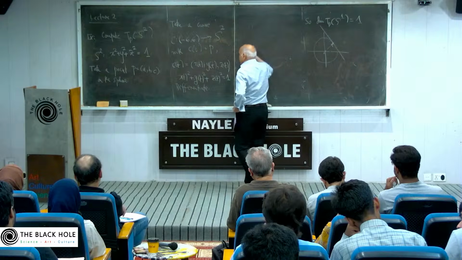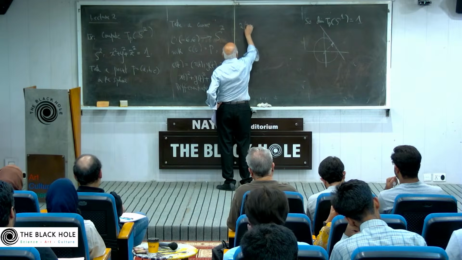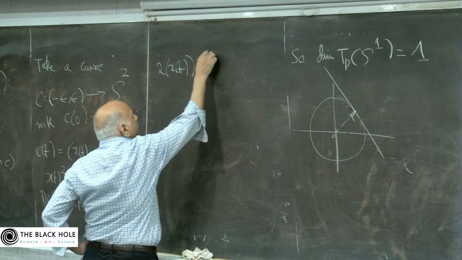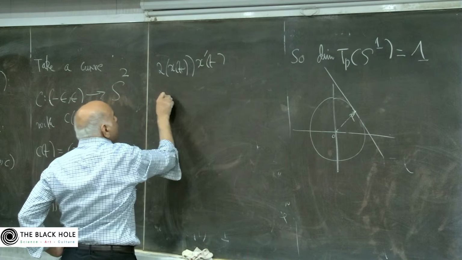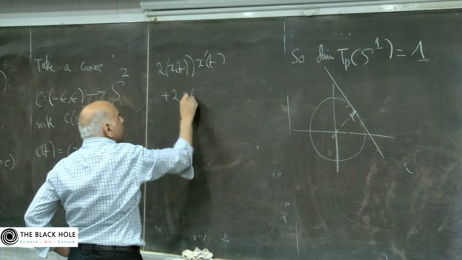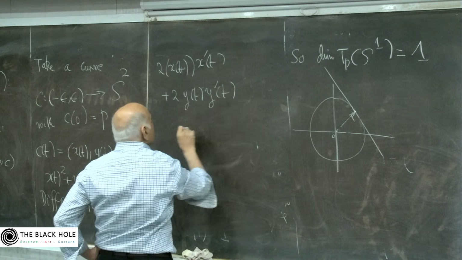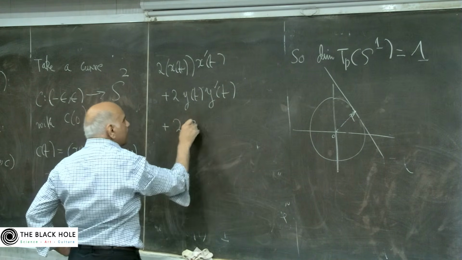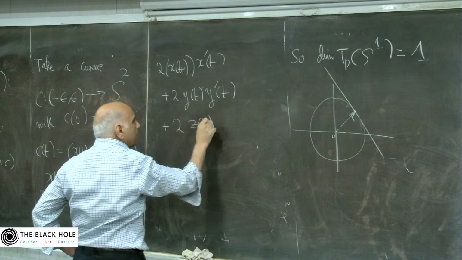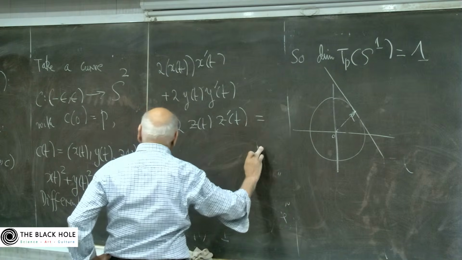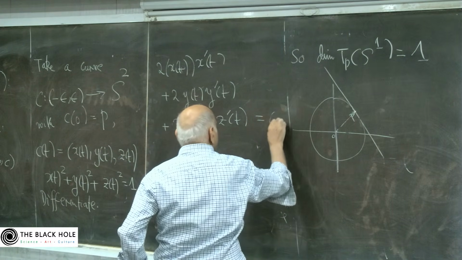You get 2 times x(t) x prime(t) plus 2 y(t) y prime(t) plus 2 z(t) z prime(t), and on the right side you will get 0.